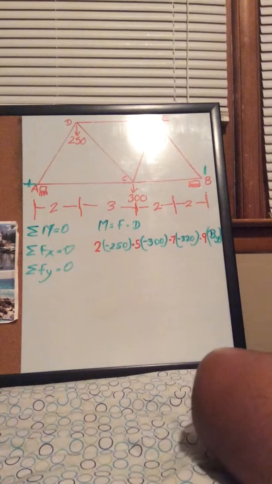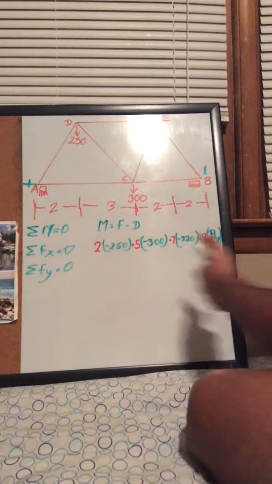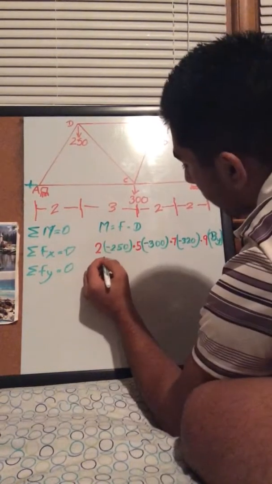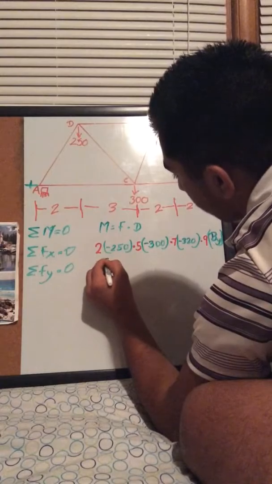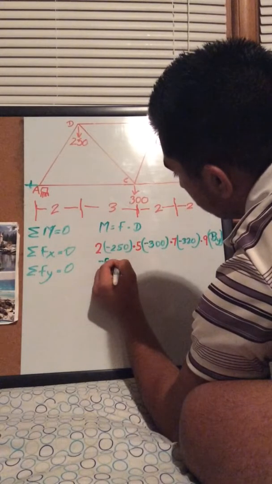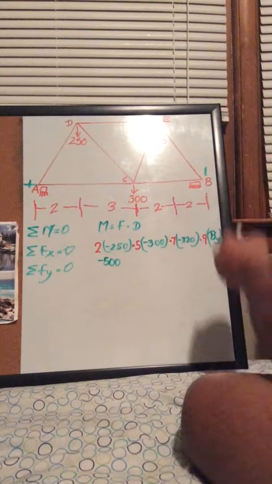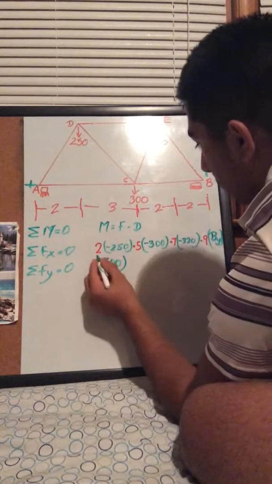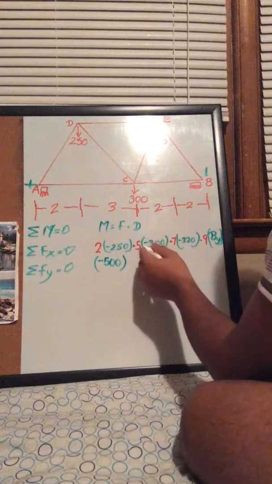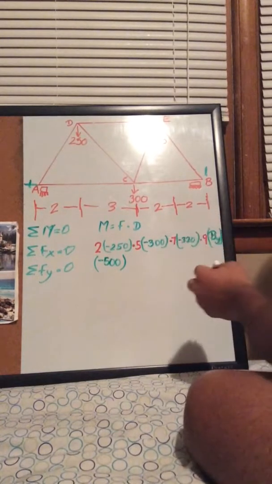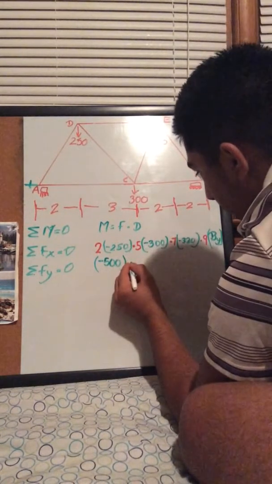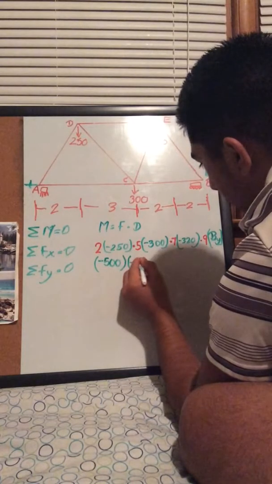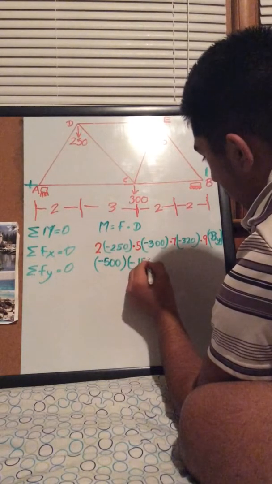Okay. Now when you multiply 2 times negative 250, you'll get negative 500. When you multiply 5 times 300, that will be negative 1500.